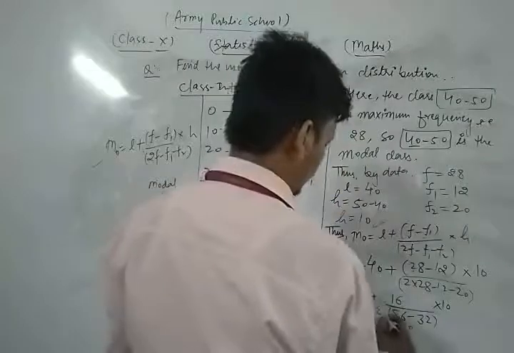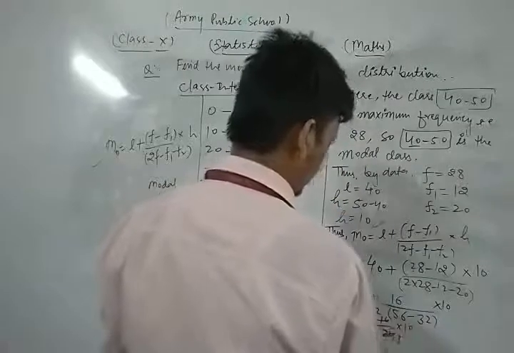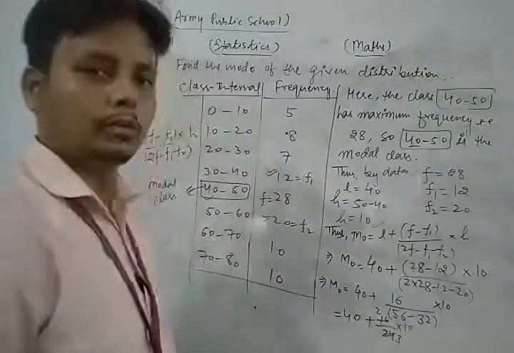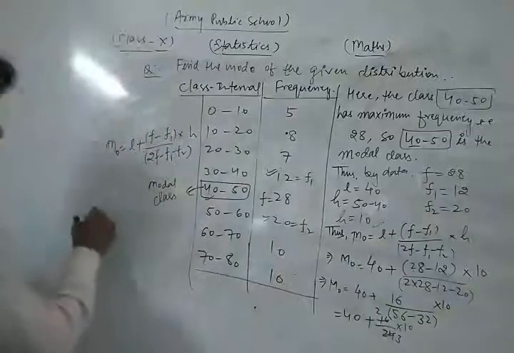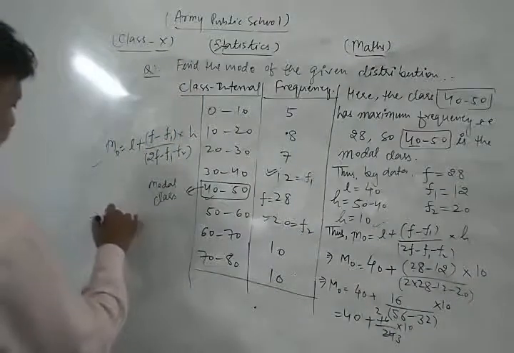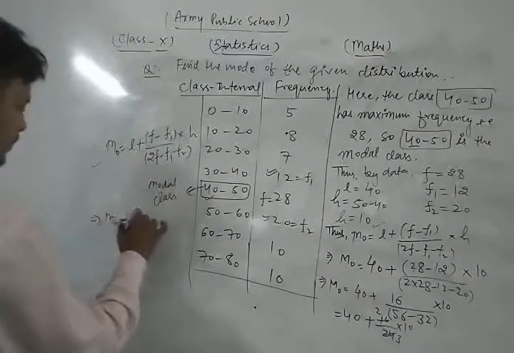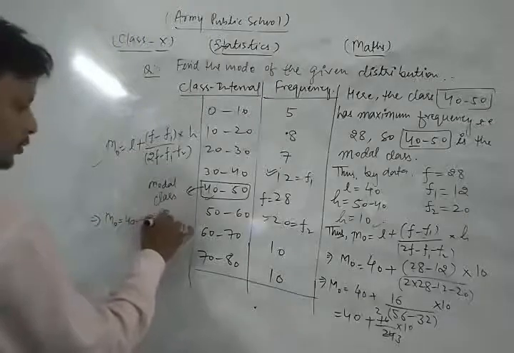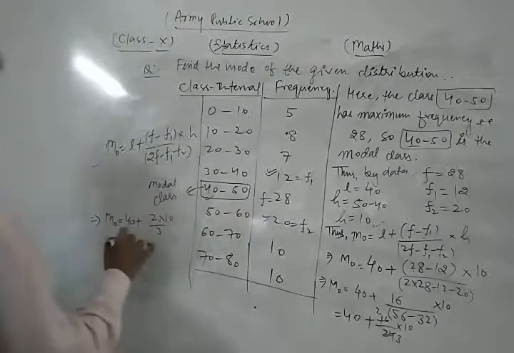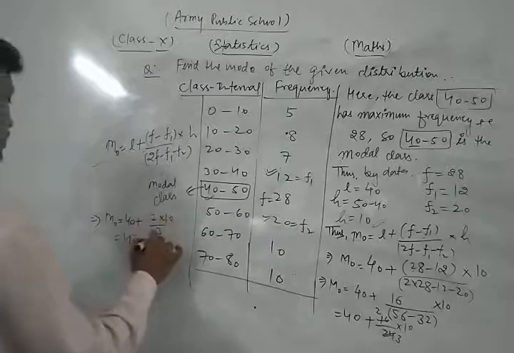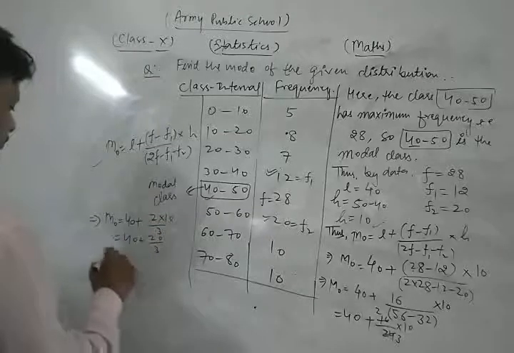So 16 upon 24 is 2 upon 3, 2 upon 3 into 10. So the mode of the given data is 40 plus 2 into 10 upon 3, that is 40 plus 20 upon 3.